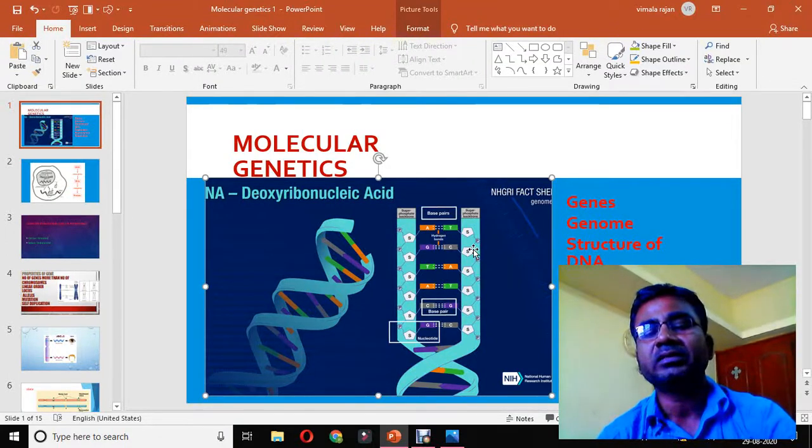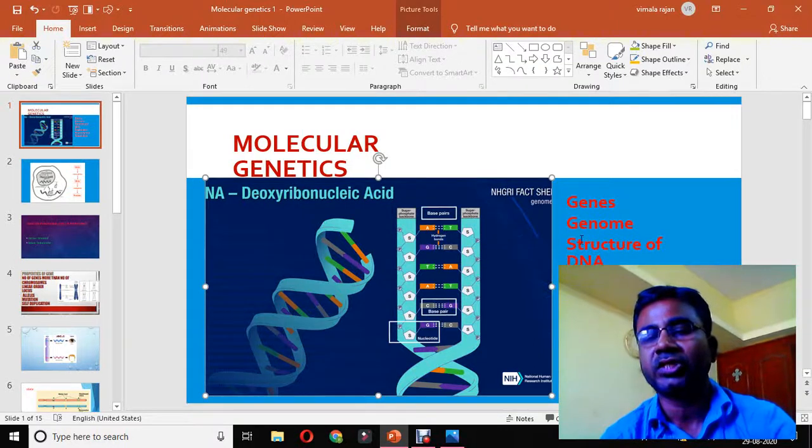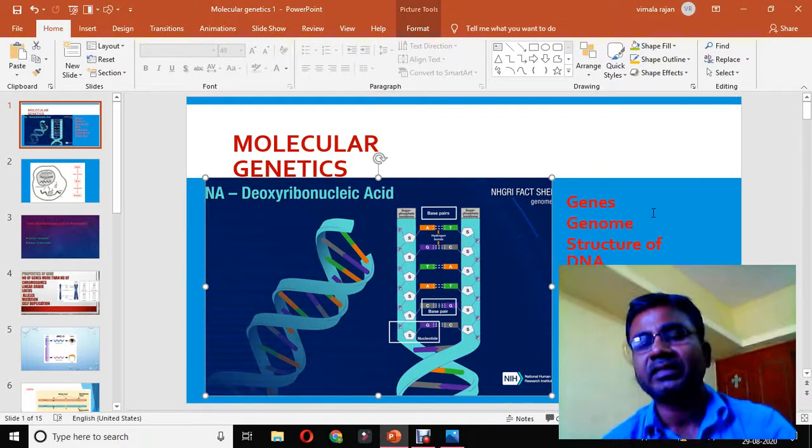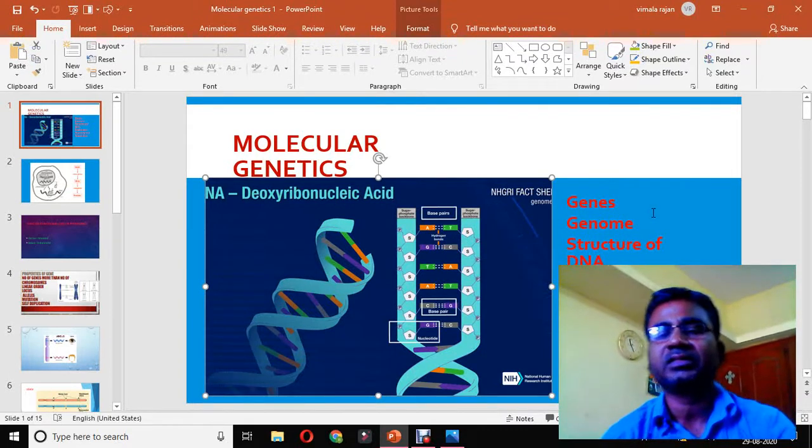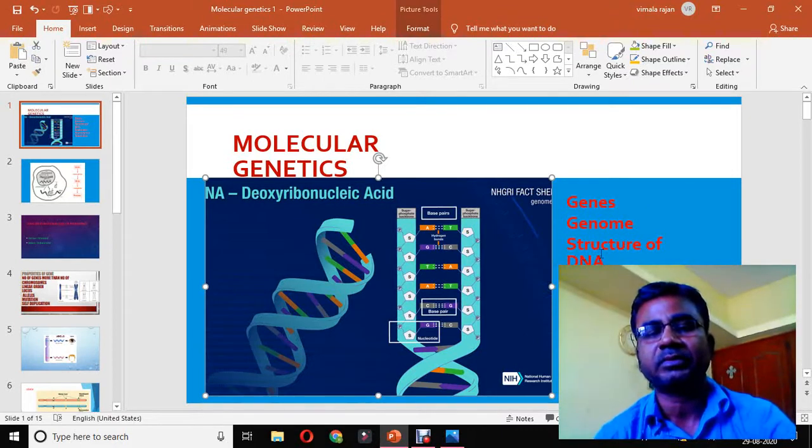Human genome means all the genes which are found in the human cells. So the study of all the genetic information of a particular organism is actually the genome. Gene means a single nucleotide sequence. Genome means the entire hereditary information found in a particular organism.